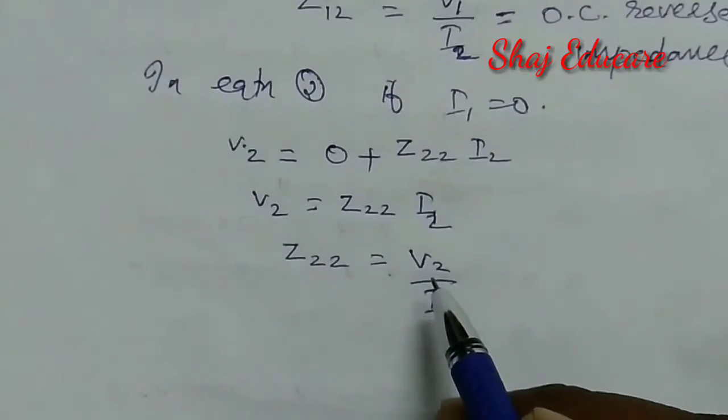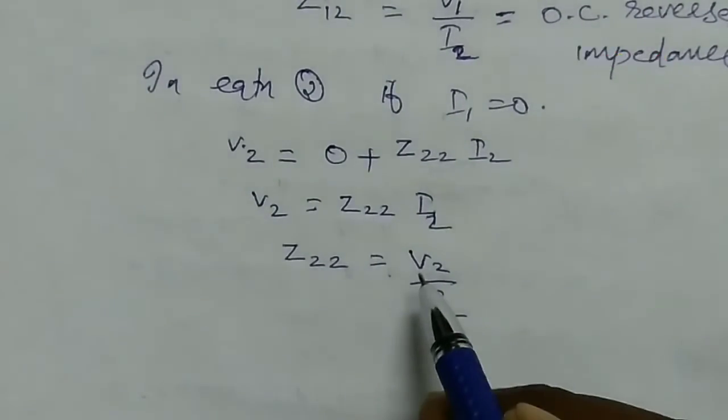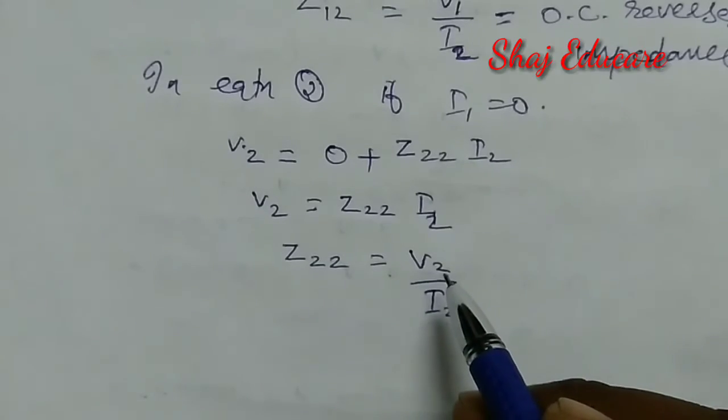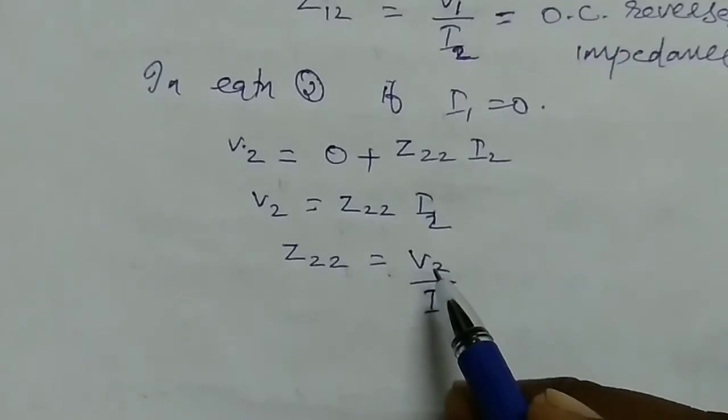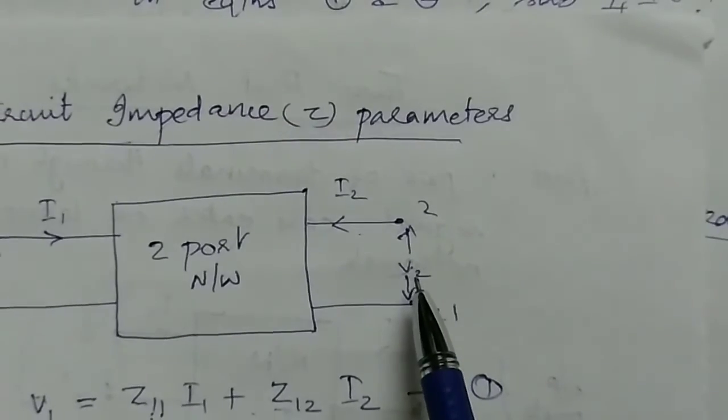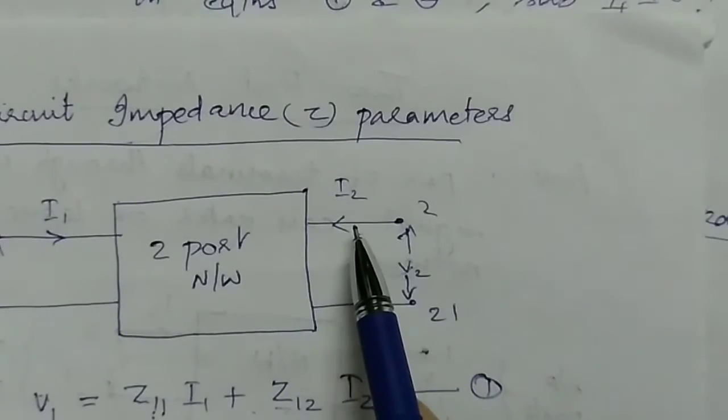Again, here it is a voltage to current ratio, so of course that should be an impedance parameter. Then what about V2 and I2? Both belong to the same port, that is, both belong to the output port. V2 is the output voltage and I2 is the output current.